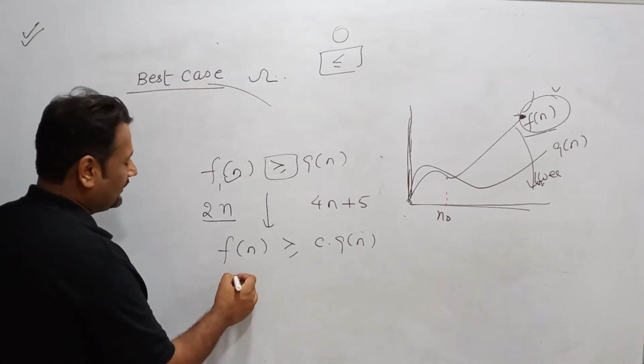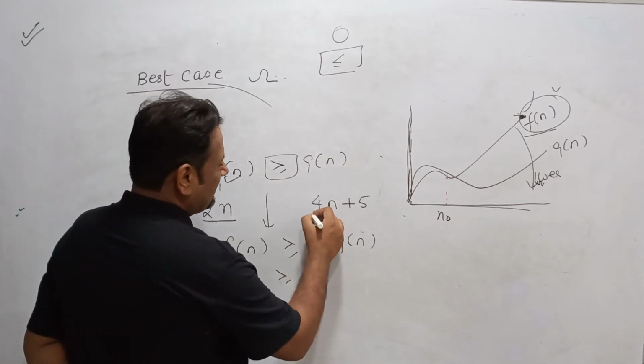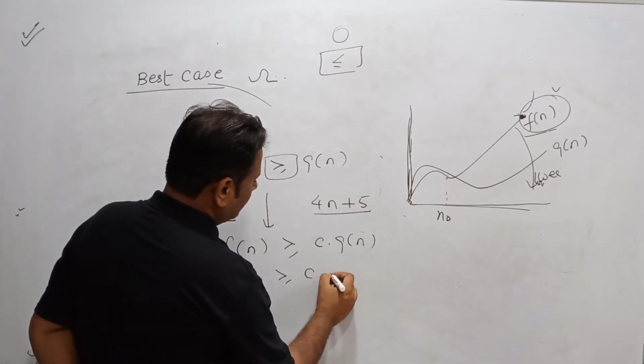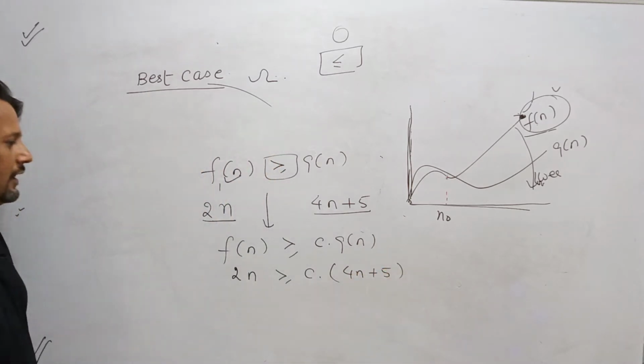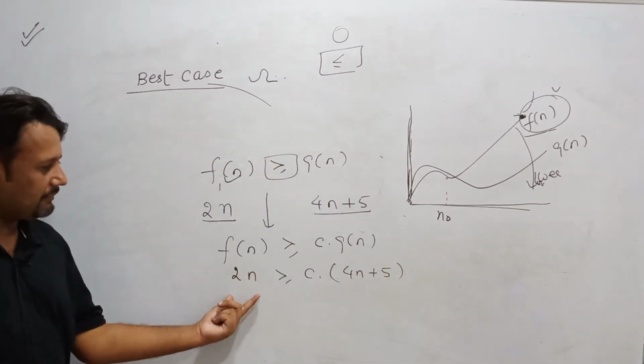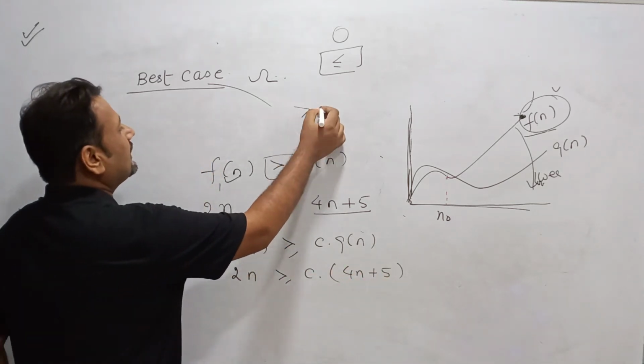So let me take a value. f(n) is 2n, greater than or equal to, this is g(n), c into 4n plus 5. Under which situation can 2n be higher than this one? C is any value greater than 0.